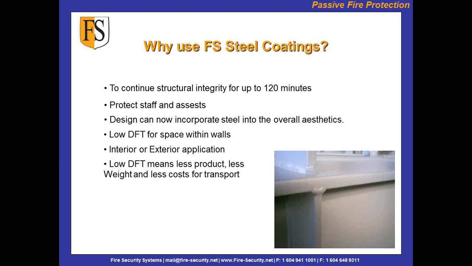A lot of the time you don't have space to put a cementitious base product there, which might be 25 millimeters thick, or a special board or anything else. So putting a low dry film thickness intumescent coating, which could be 1 or 2 millimeters at the most, is the perfect solution. As we discussed, we also have the interior-exterior application, which is very, very good.